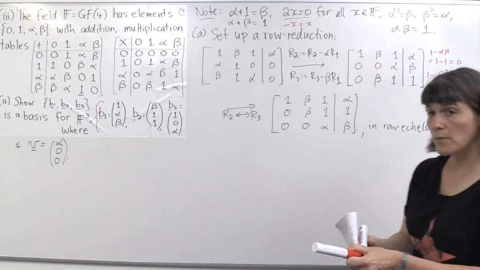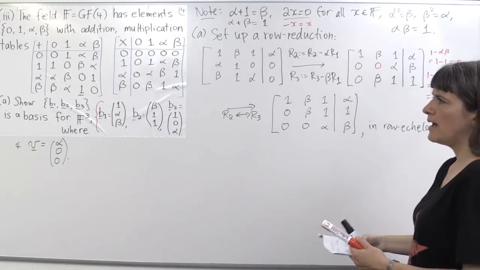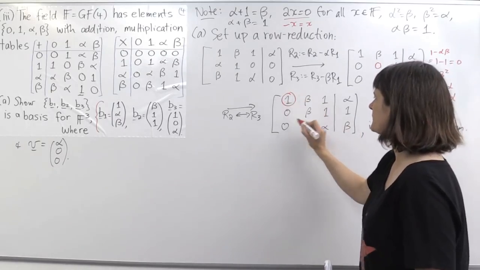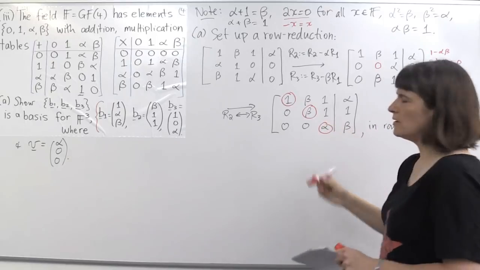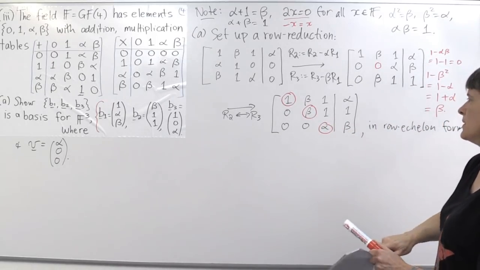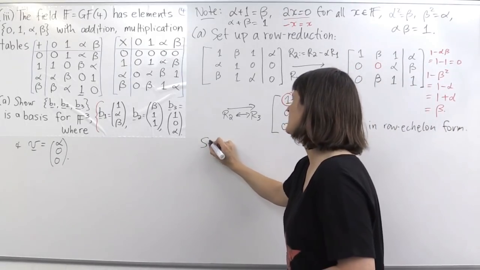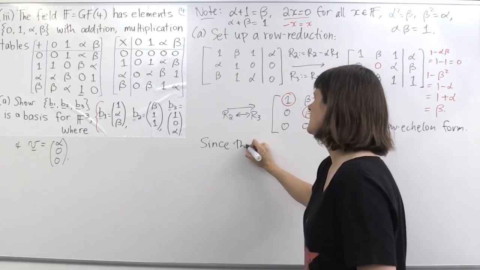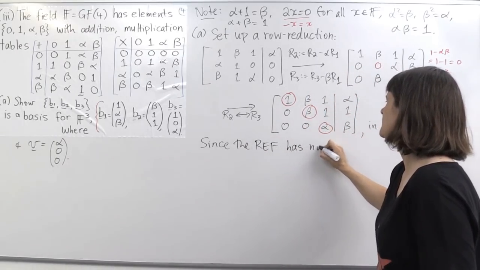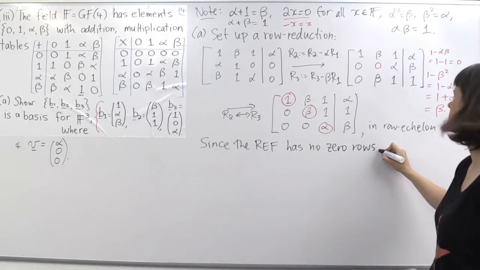And we know that when we hit row echelon form, we can start to make decisions. So we can answer this question now, is it a basis? We see that every column is leading and there are no 0 rows. So what does that tell us? Since there are no 0 rows, or the row echelon form has no 0 rows, that means there's always a solution.